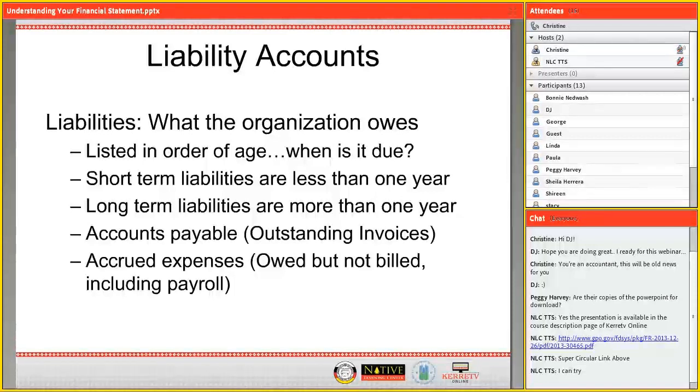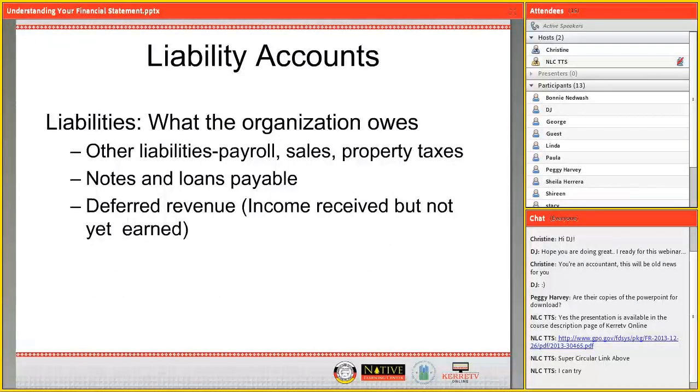Accrued expenses owed but not yet billed, including payroll. You can have sales tax in there, property taxes may be in there, PILOT taxes, payment in lieu of taxes, notes, loans payable, deferred revenues, all of that.